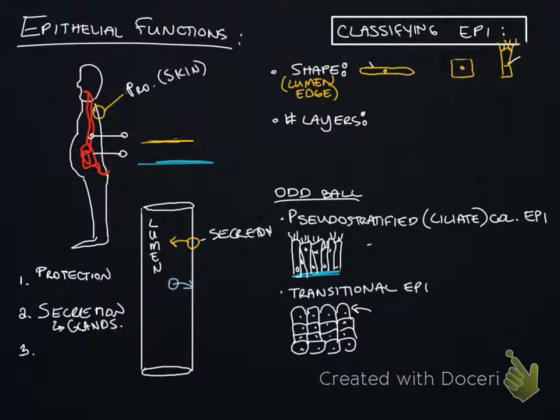And then finally, the last main epithelial function is absorption. When you think of absorption, it's in this direction, from the space into the epithelial tissue. One of the organ systems that does this is the digestive system.